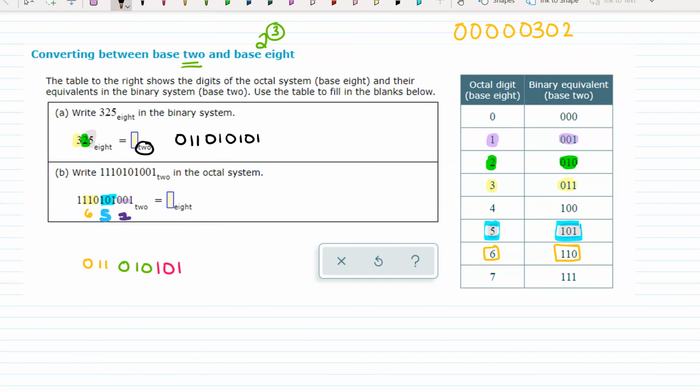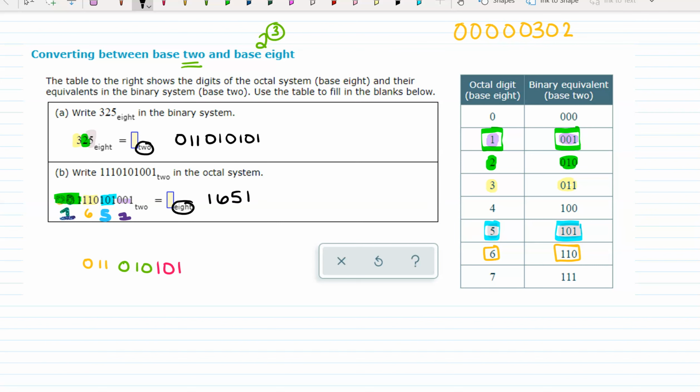I'm going to put zeros in front so I can have 3 digits, and the 3 digits that I have are 0, 0, 1, which again makes a 1. So in base 8, I would have 1, 6, 5, 1, and that's in base 8.